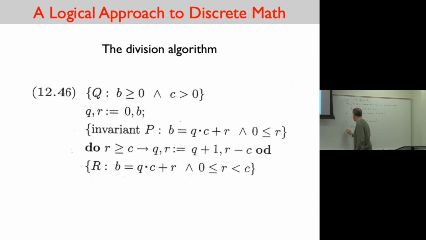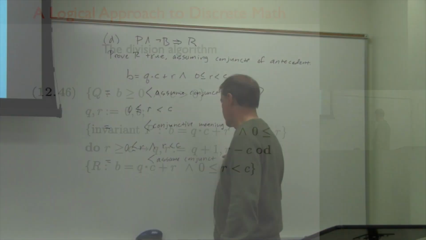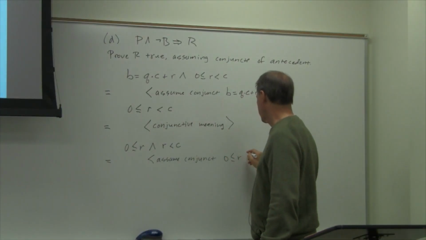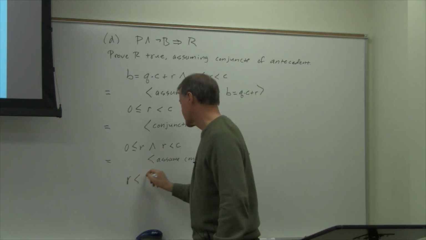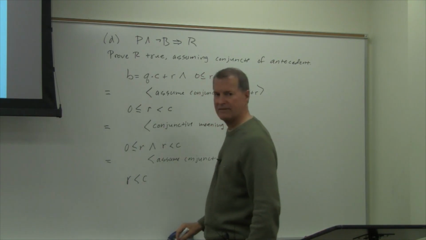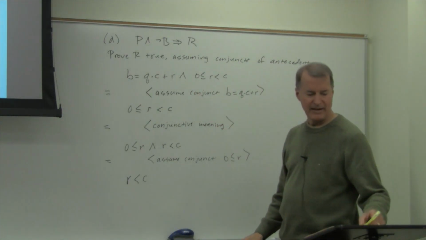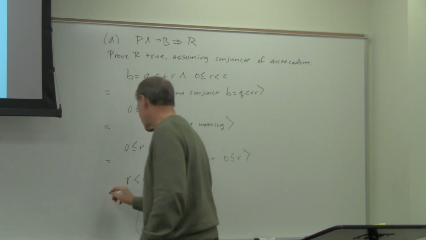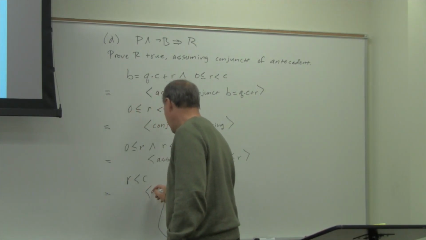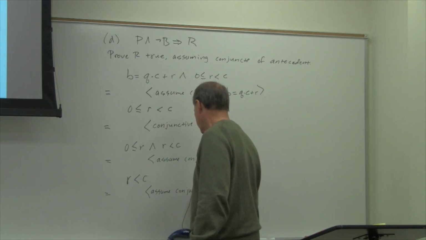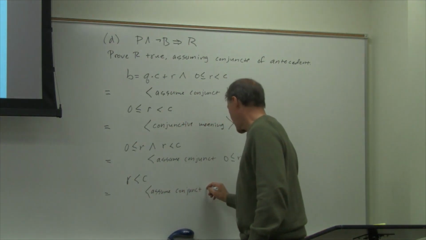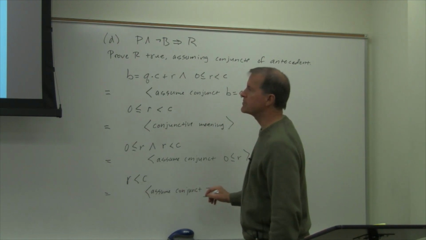So here, let's do that one first. So this one equals, assume conjunct 0 less than or equal to R. And so true and this. So we have R is less than C. But now what? Well, you can assume not B. Yeah, we assume conjunct not, now what was B, the guard?